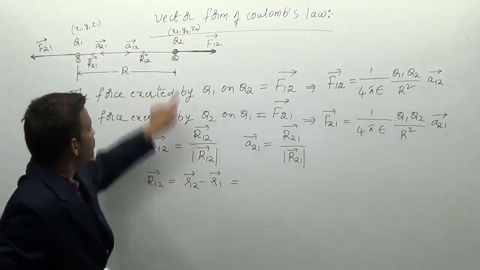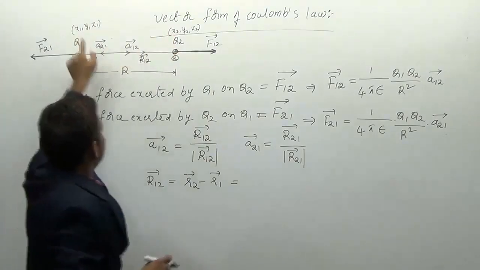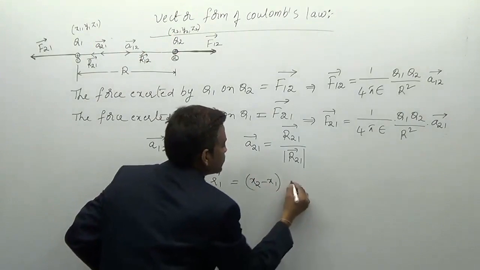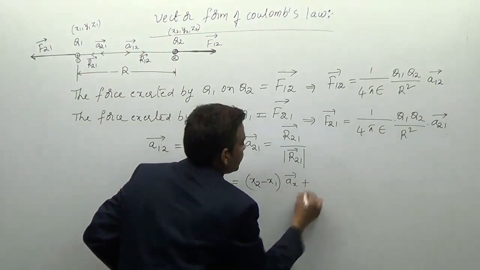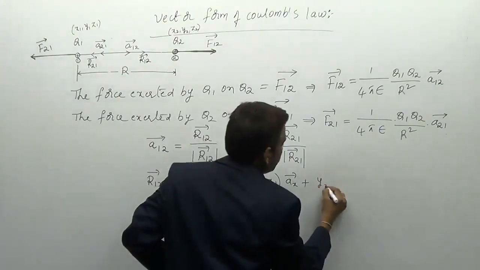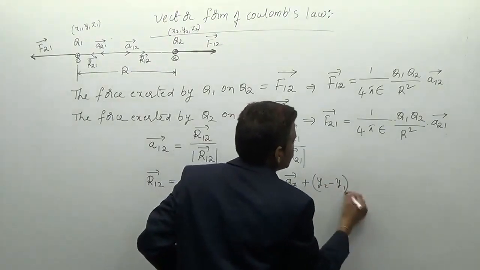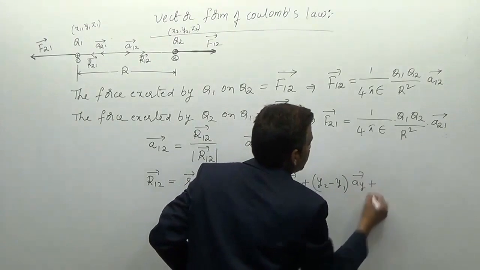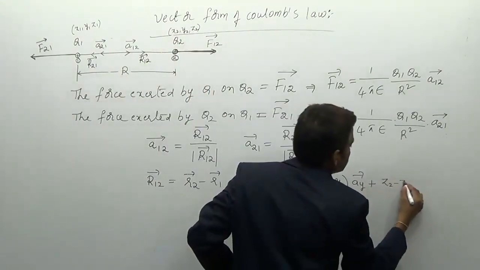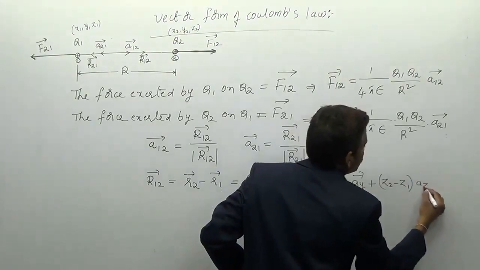That means you get the vector as x2 minus x1, the x coordinates subtraction, multiplied by ax bar, plus y2 minus y1 into ay bar, plus z2 minus z1 into az bar.